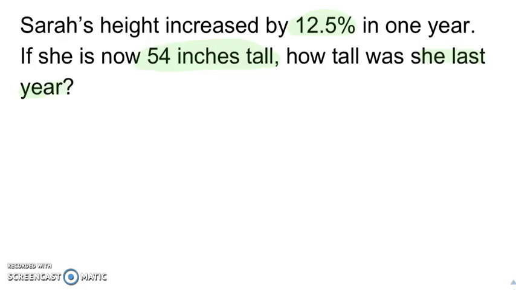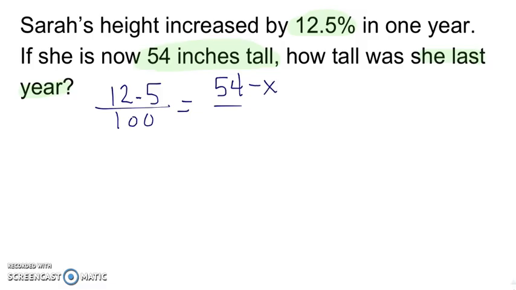How tall was she last year? All we have to do is plug it into our proportion. 12.5 is our percent, goes over 100. The other side of our equation is going to be our change, no over O. New amount, she is now 54 inches, minus the original, we don't know that, over the original.